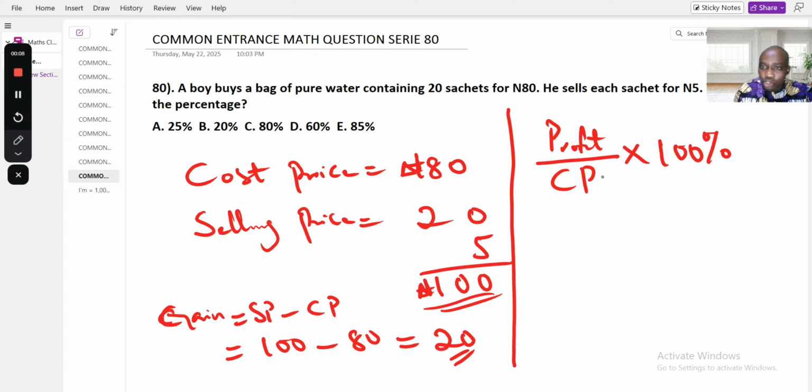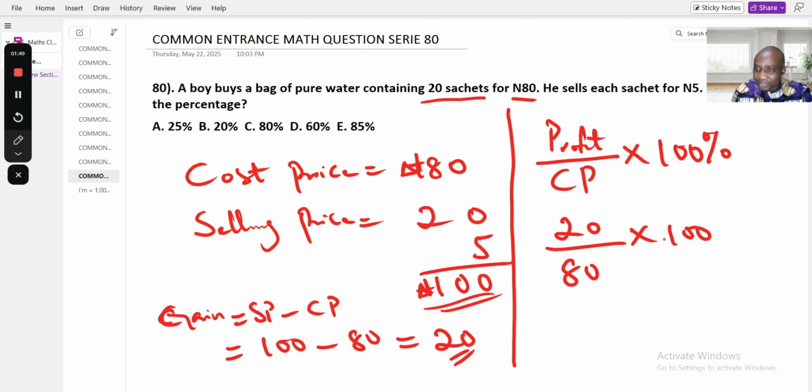This is what you are going to use. You are going to divide the profit over the cost price. What is our profit? The profit the boy makes is 20 naira. What is the cost price? It is 80 naira because he bought the 20 sachets for 80 naira, multiplied by 100 percent.